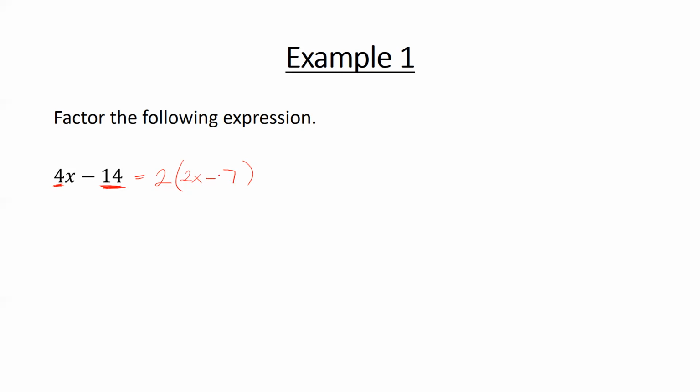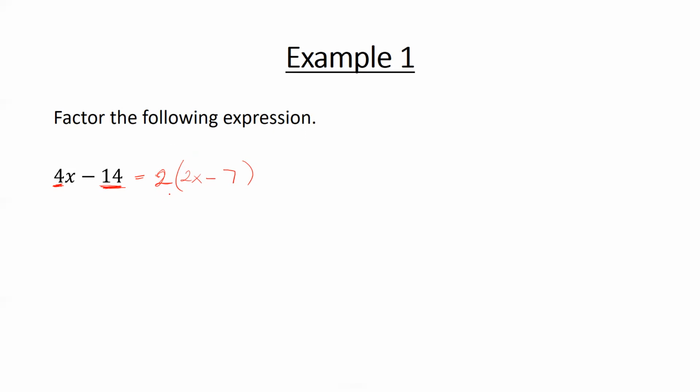Again, to restate what we did, we divided each of 4x and 14 by 2 to get the 2x minus 7. And since we divided, we put the 2 out front, that multiplication. Now, when you look at your answer, you may ask, well, did I do this correctly? How can I check?